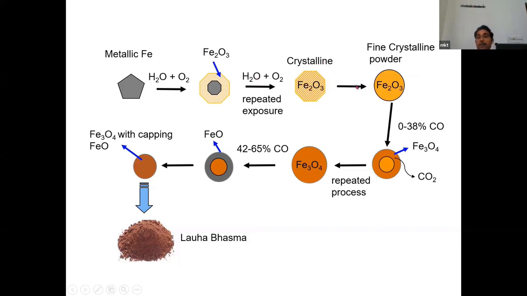And finally, you allow another procedure, to get the final crystalline form. So this is Fe2O3. Now this is the reduction step. We realized that in Ayurveda there is normally a rigorous procedure.